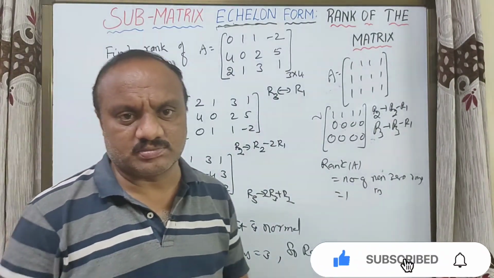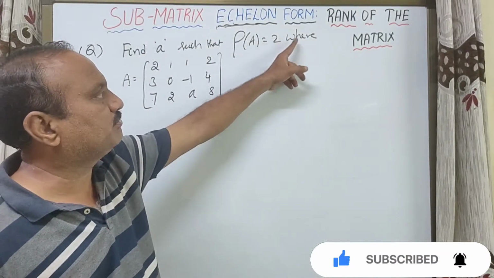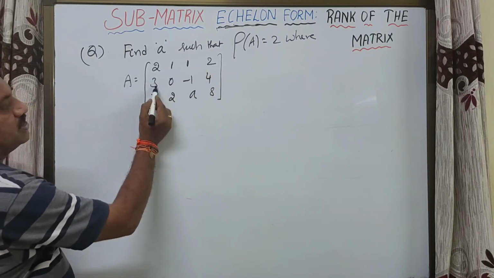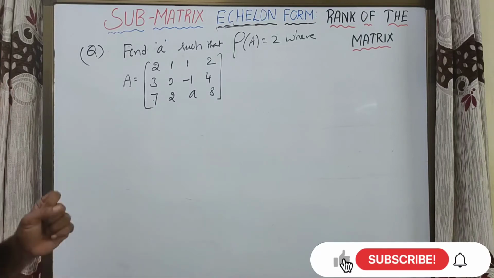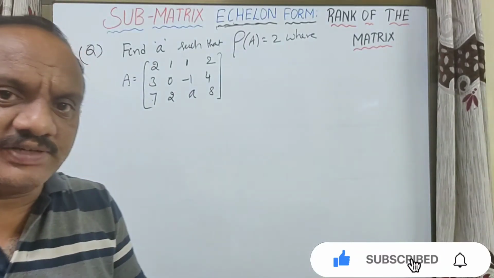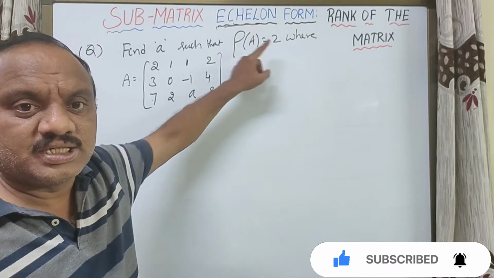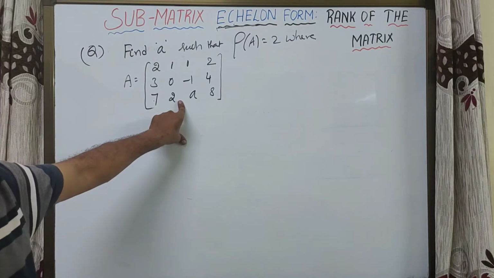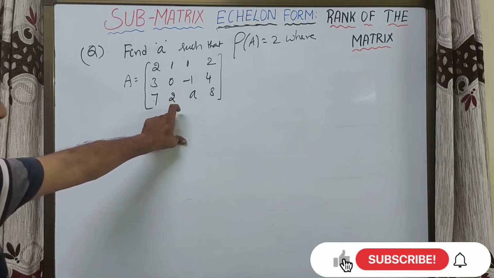Let us see one example. Find a such that rank of A equal to 2, where A equals 2 1 1 2, 3 0 minus 1 4, 7 2 a 5. Students, you want the a value when rank of A is 2. Rank of A is 2 means it should have 2 non-zero rows in its echelon form.